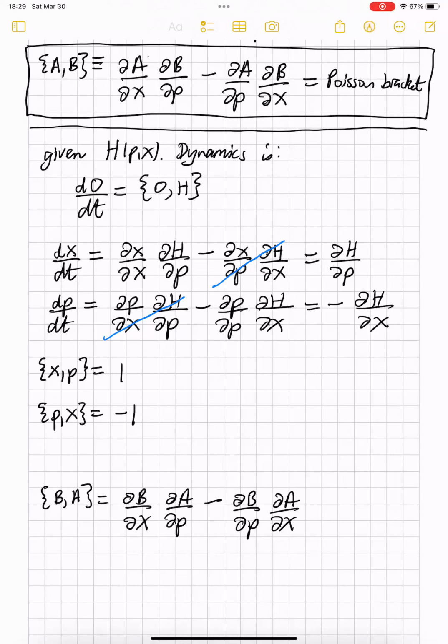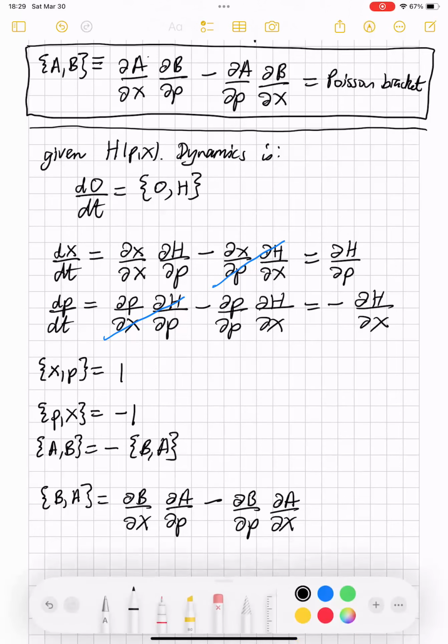And dB/dp dA/dx, that was the term with the plus on the top of the page. So looking at the formula I've just written down and the formula at the top of the page, we learn that the Poisson bracket of A with B is minus the Poisson bracket of B with A. Well, that's an interesting formula.